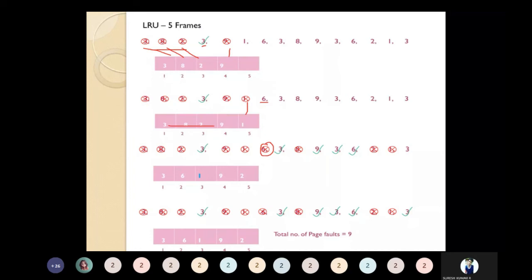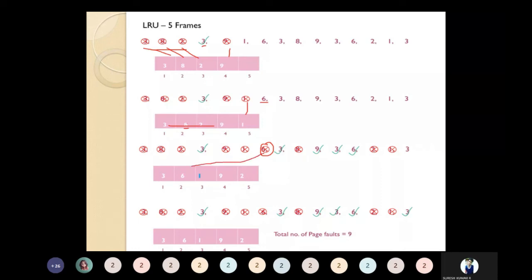Next we need to insert the 6th page. 8 is not used for the longest time. That's why 6 is placed in the position of 8, the second slot. 8 is replaced with the new number 6.